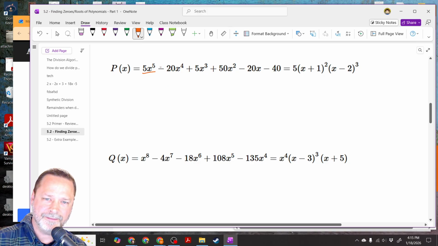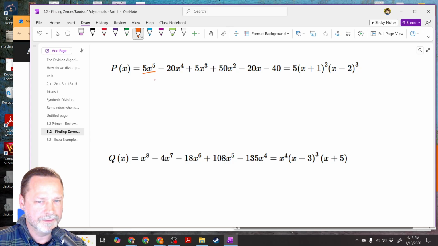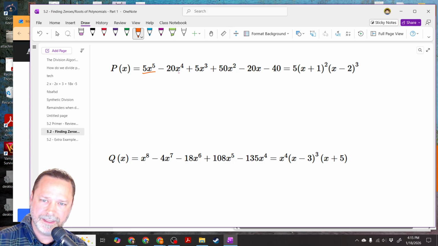5x to the 5th. This is a polynomial of degree 5. Minus 20x to the 4th plus 5x cubed plus 50x squared minus 20x minus 40. If we set that equal to 0 and factor it, what would be our roots? Well, here we get a root of x equals negative 1 with multiplicity 2.